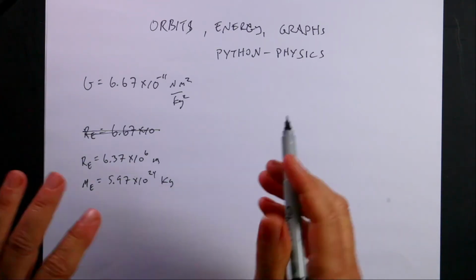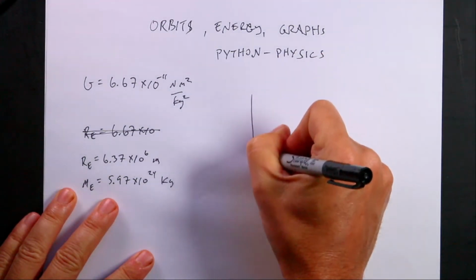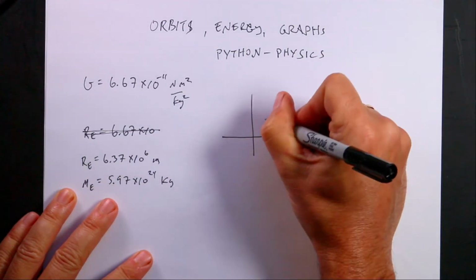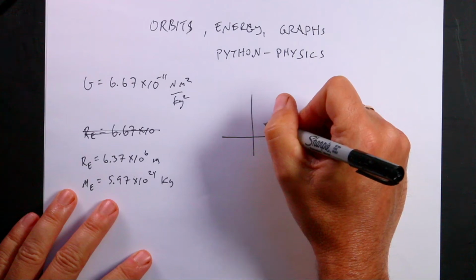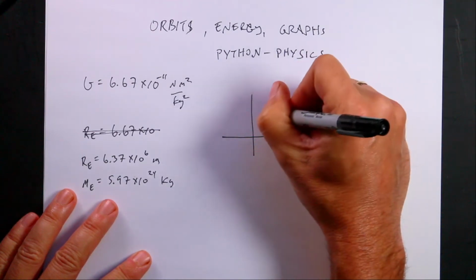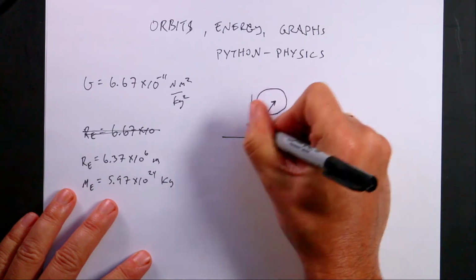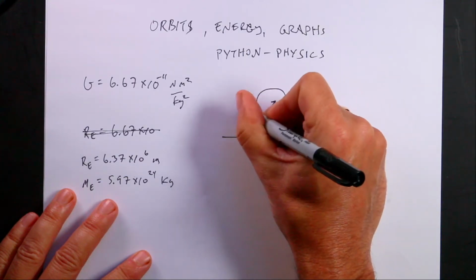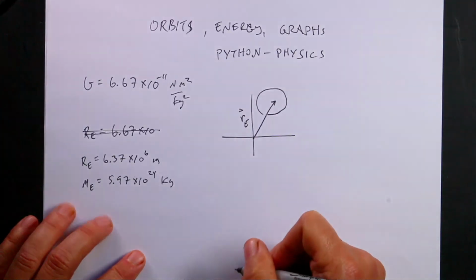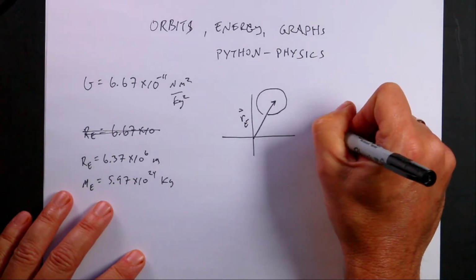So let's just do a brief review. Suppose that I have some origin, and I'm actually going to put the Earth, it could be anywhere. So I'm going to call this vector R Earth. That's from the origin to the center of the Earth. And then I have some spacecraft. I'll put it over here.